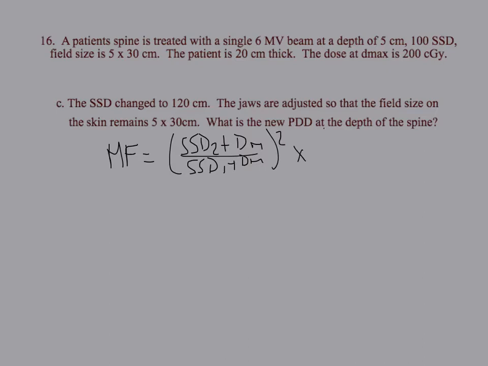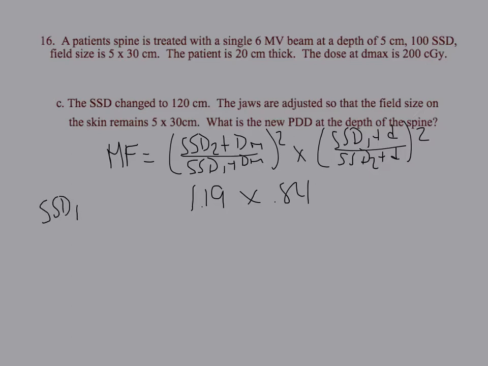and do the math. SSD1 plus depth over SSD2 plus depth, squared. So when you do that out, 0.84, because what I used was, I'll just write everything I used down here so you have it.